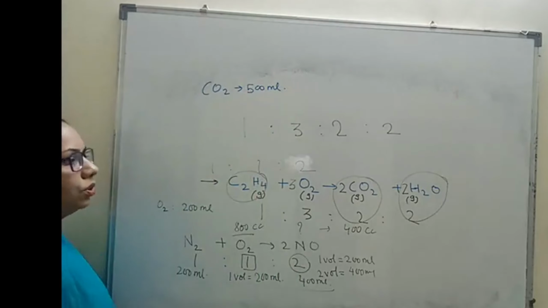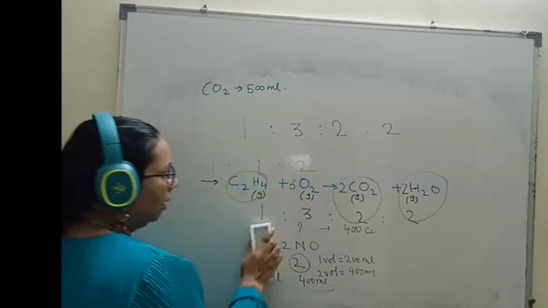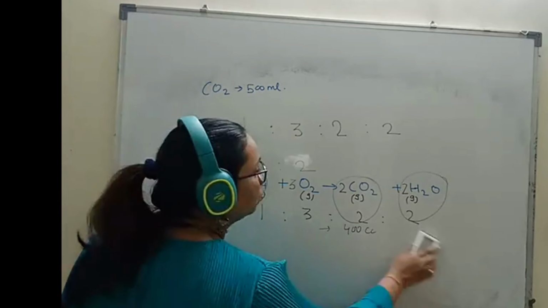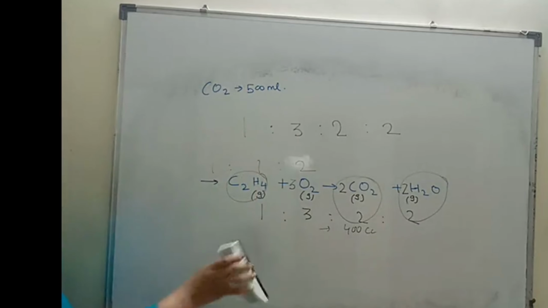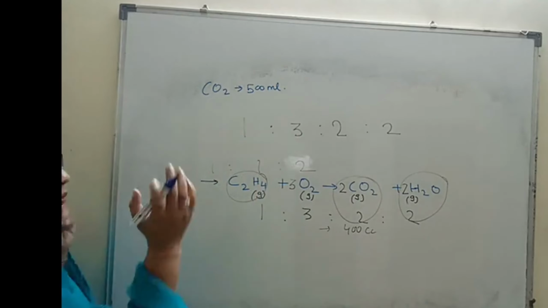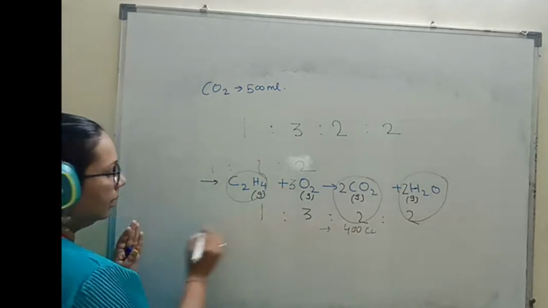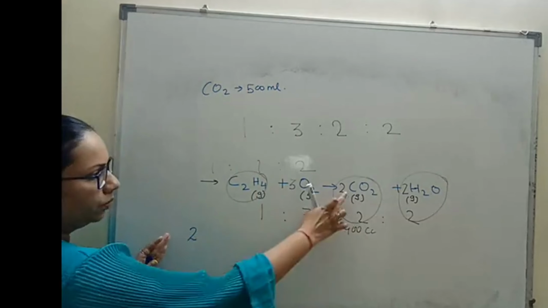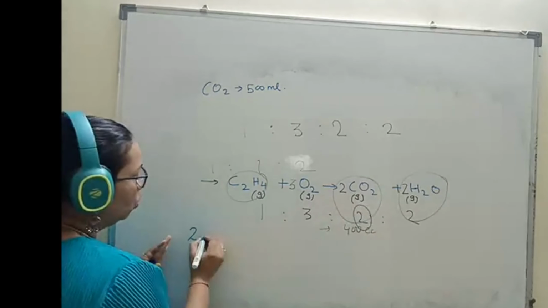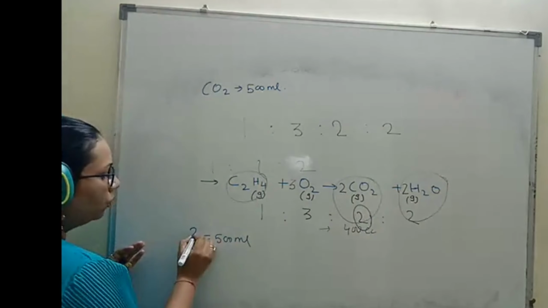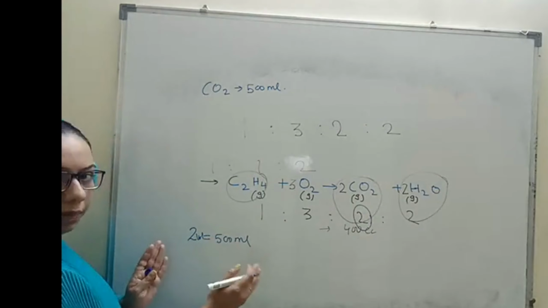So whatever is being produced here, it is 500 ml. You have to tell how much oxygen, how much ethene, and how much water vapor is produced. So what sample is given to you? CO2 sample, and CO2 is representing the number 2 in the ratio. So 2 volumes means 500 ml.